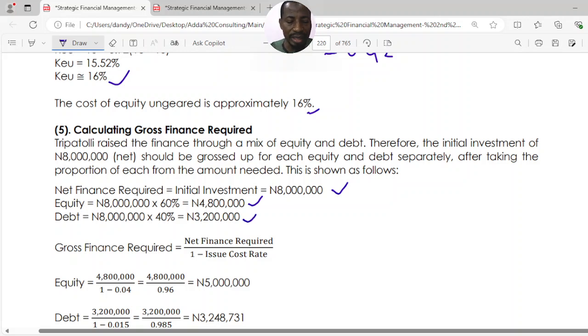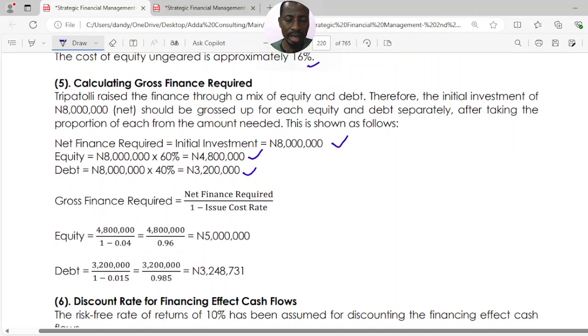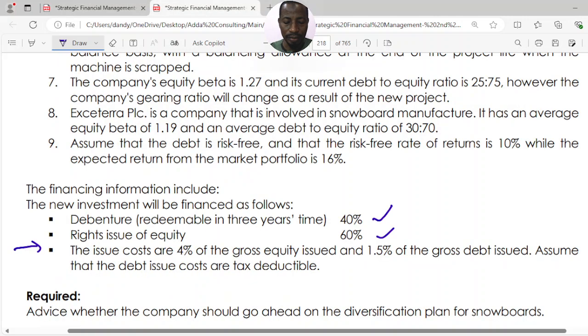Then I will find the gross finance required for equity and for debt. When I gross it up, examiner has told us that the issue cost rate on equity is 4%. Issue costs are 4% of the gross equity issued, then 1.5% of the gross debt issued, and debt issue costs are tax deductible.